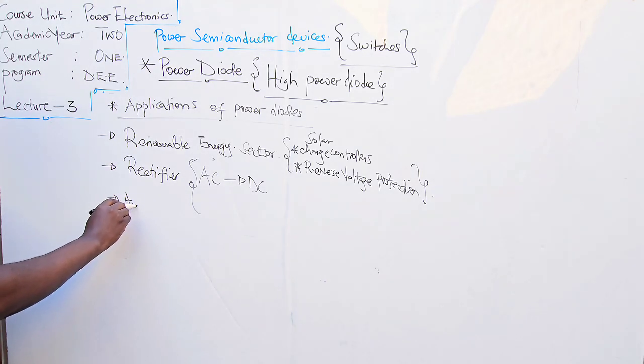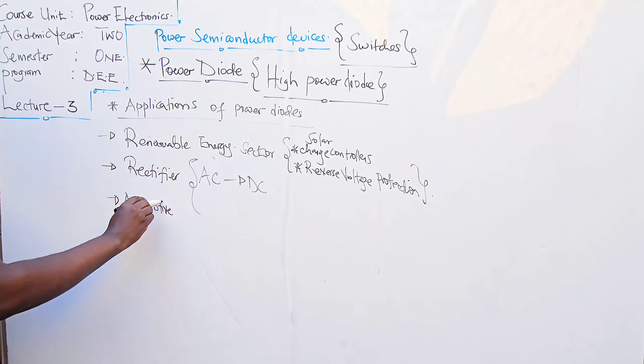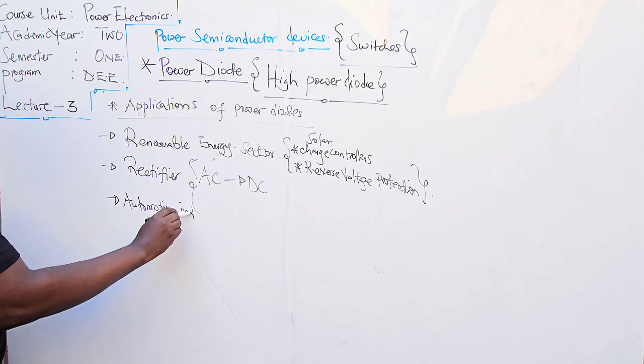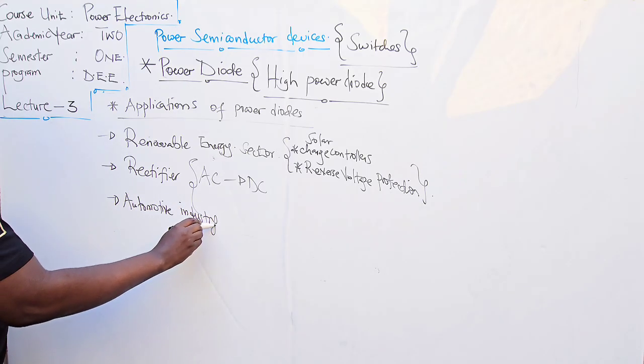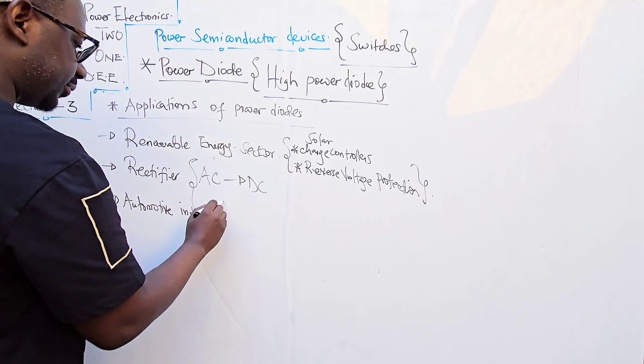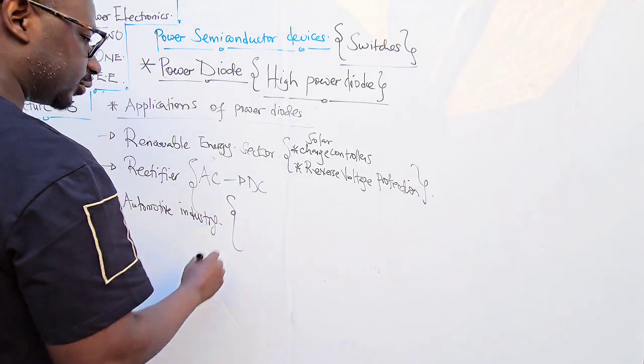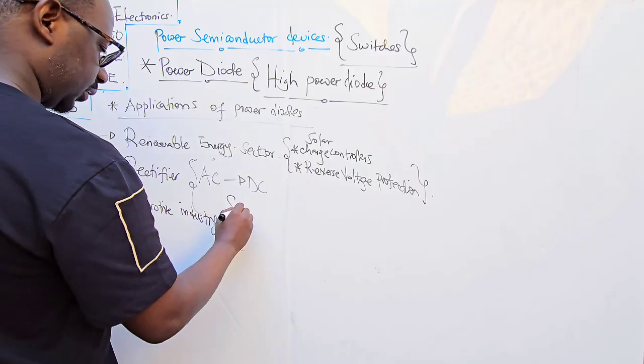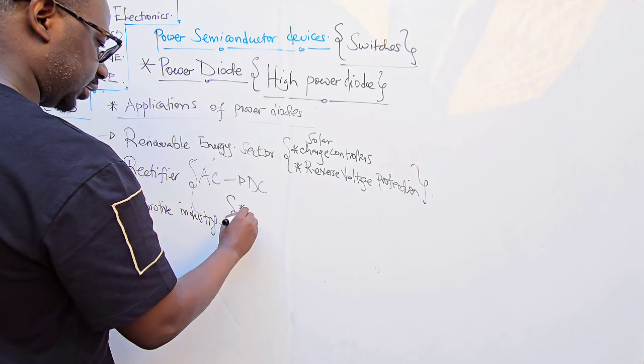We can use this in the automotive industry, things like freewheeling diodes in relays or electromechanical switches.